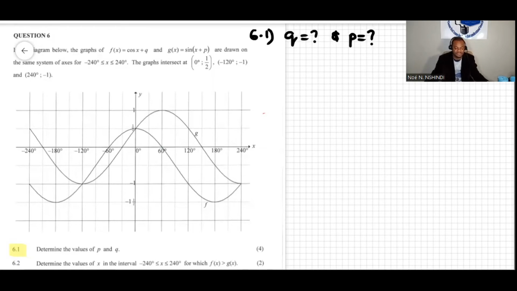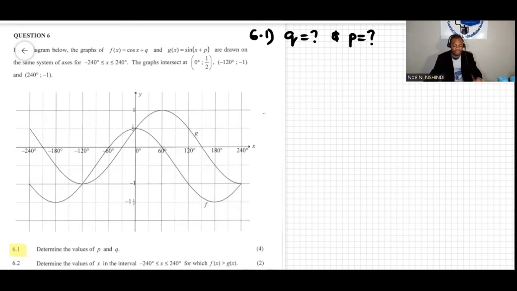By definition, when we look at cos x plus q, q tells us that it's the same graph of cos x, but shifted q units vertically. It can be up or down. Similarly, g of x equal to sine of x plus p. When we see p within the bracket like that, it tells us that it's the same graph of sine x, but shifted p units horizontally.